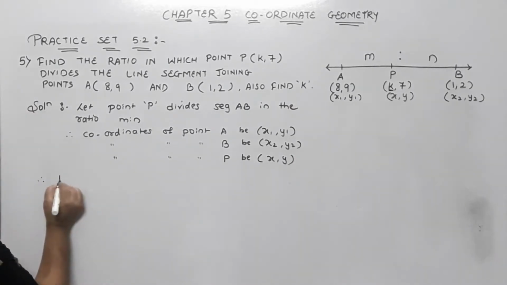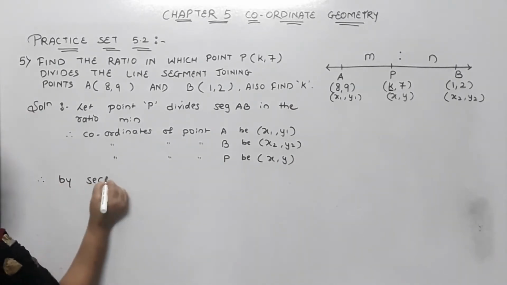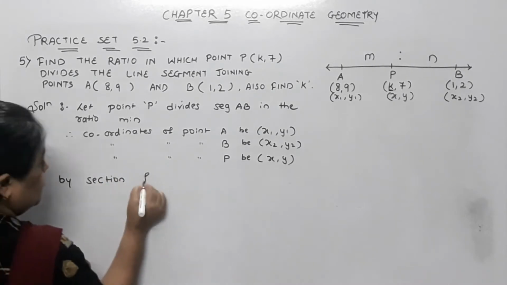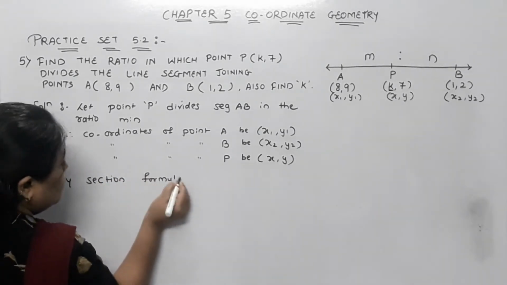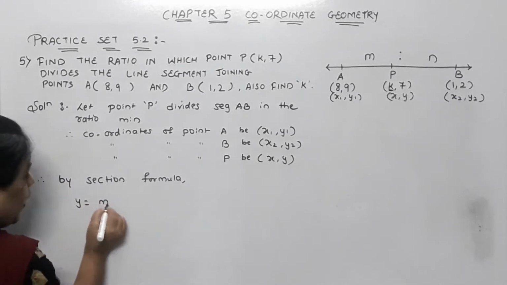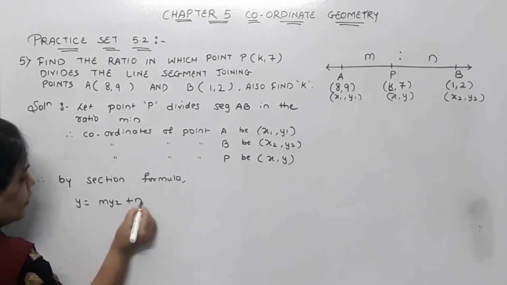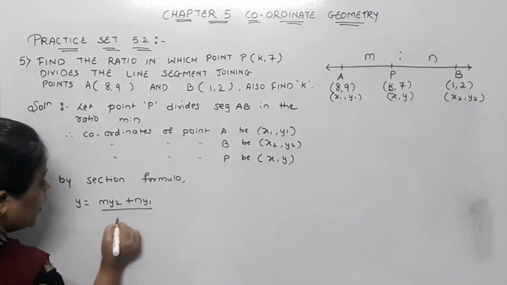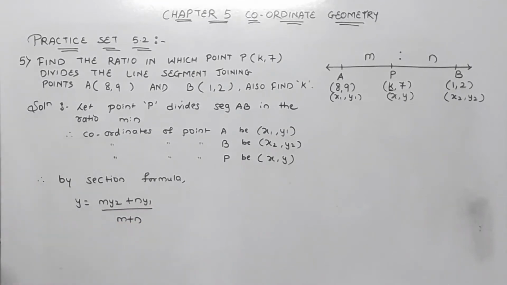Therefore, by section formula, y equals to my2 plus ny1 upon m plus n, right? This we will apply. Now the value of y is 7, so I'll put this 7 over here.